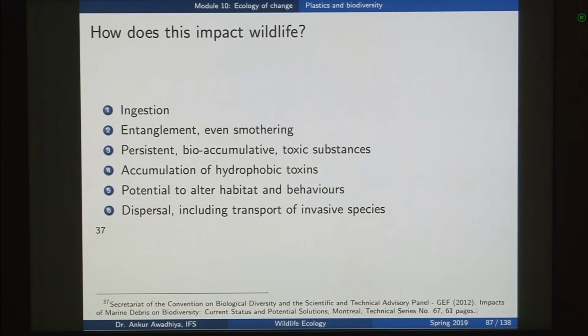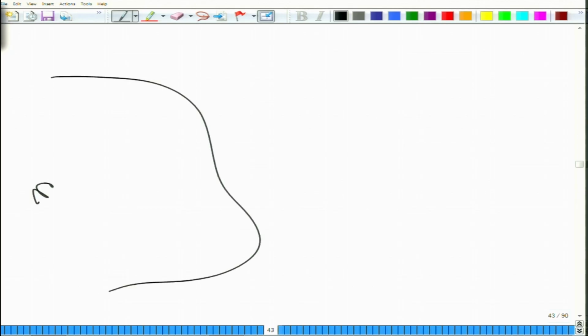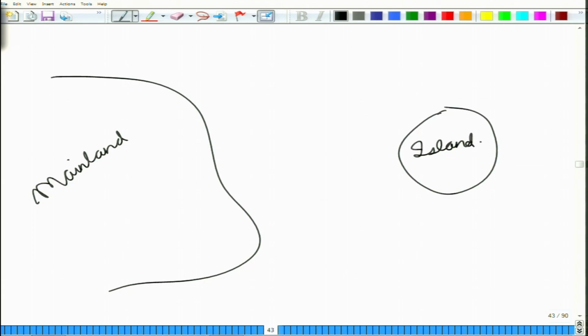Another way in which plastics impact wildlife is by acting as dispersal agents, including transport of invasive species. Now what is happening in this case is, suppose we have a situation in which this is your mainland, and then there is an island here, and then all this area is water.